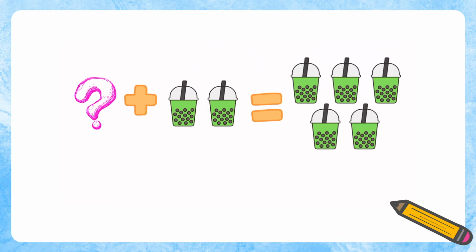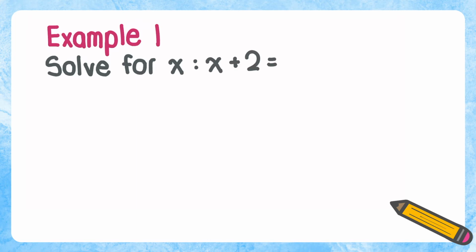So we're going to let this unknown amount be x, and then plus 2 equals 5. So we've set up a math equation. So let's actually let this be our first example. So we are going to solve for x, and the equation is x plus 2 equals 5. Be sure to write the problem down too.